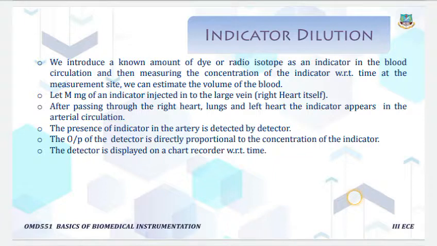These two, dye and radioisotope, are used as the indicator. Then we can estimate the volume of the blood.